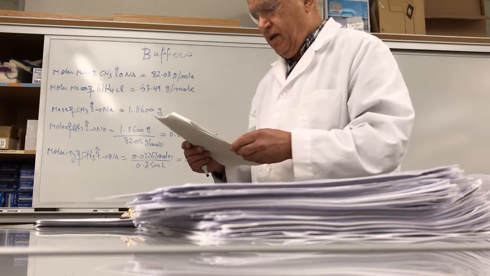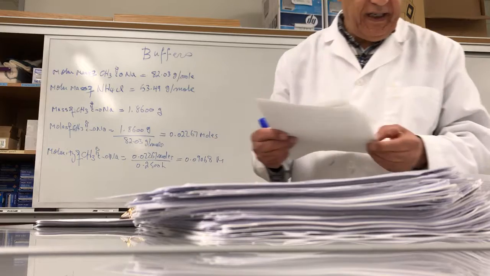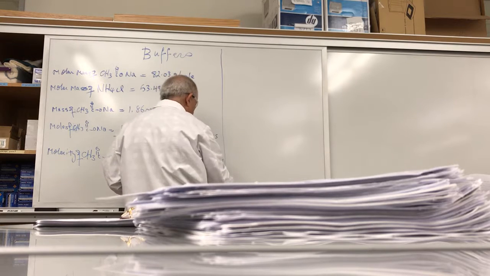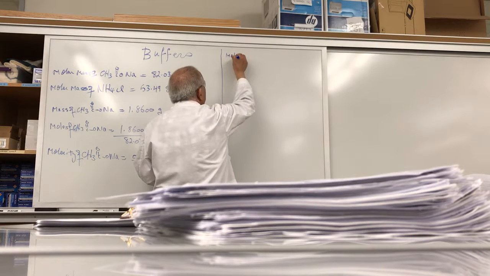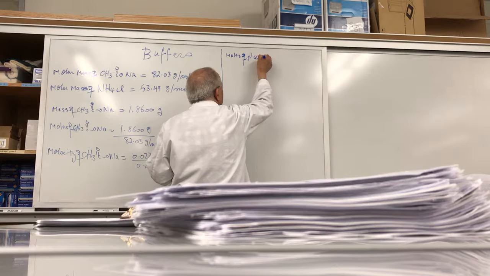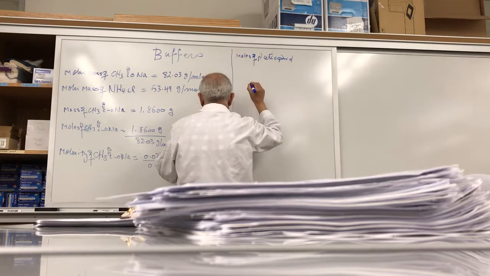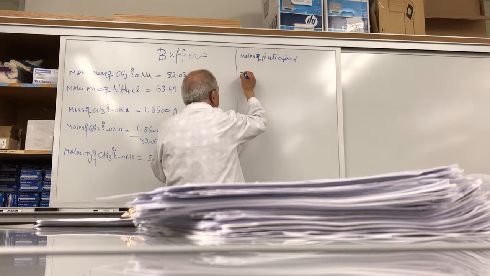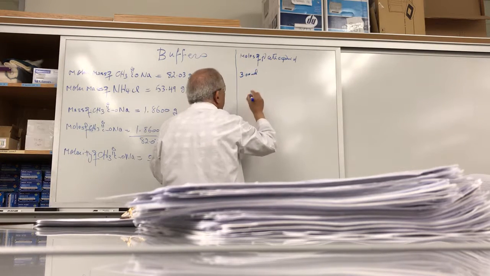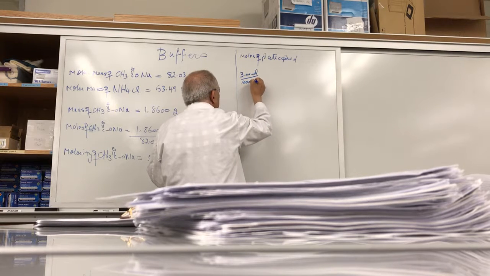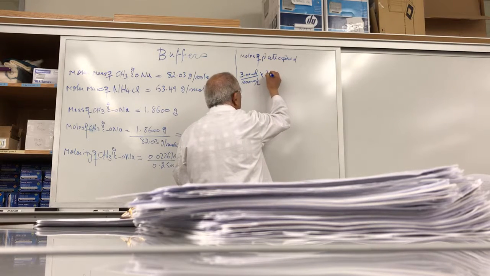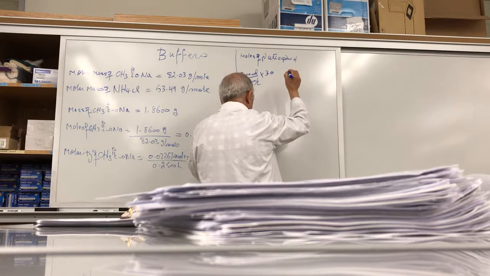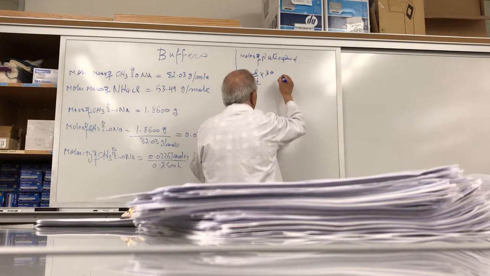So I used 3.0 milliliters divided by 1,000 to change it to liters, multiplied by the molarity, which also happened to be 3.0.